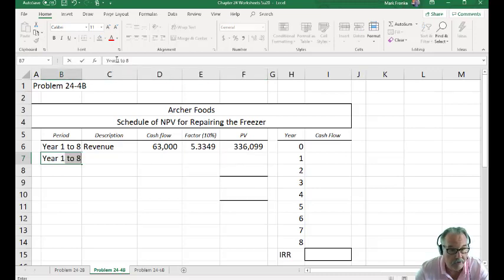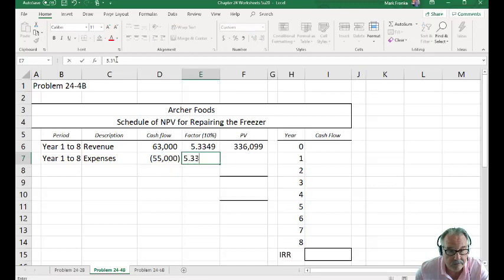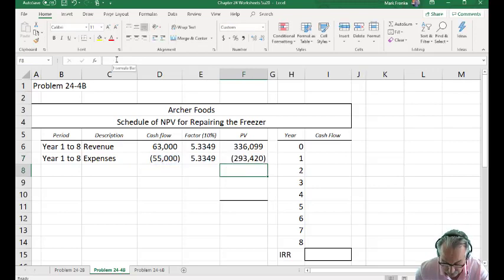Also, year 1 to 8, we're going to have negative cash flows for expenses, and that's 55,000. Same factor, but this time it's negative cash flows, 293,420.